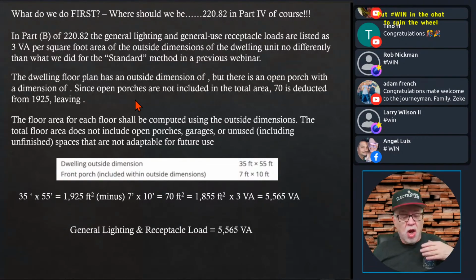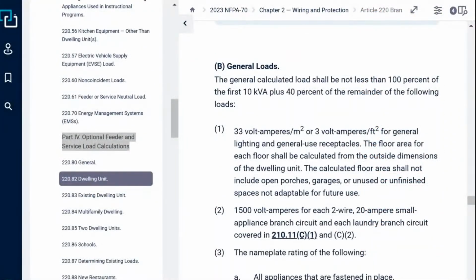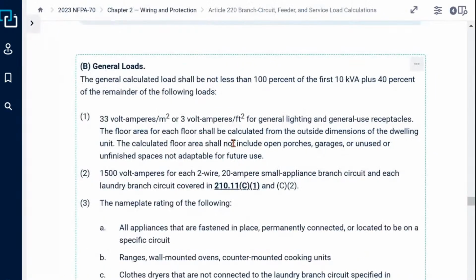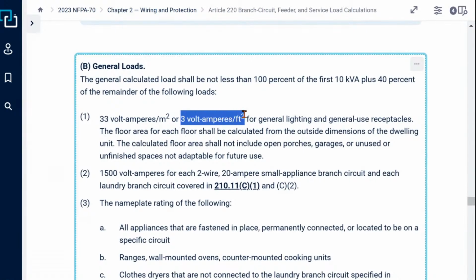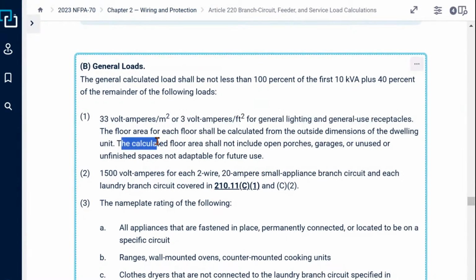Now, if you're asking, where does it say that in the code? Well, let's go look. Right here. Let me get rid of this real quick so you can get full screen. So see, here's where we get the 3 VA for general lighting and general use receptacles. Here it says, when calculating the floor area, you shall not include open porches.